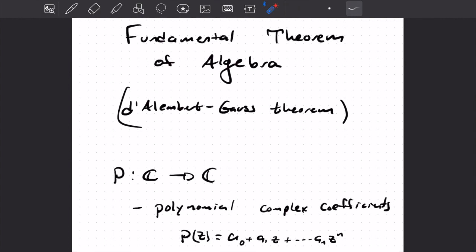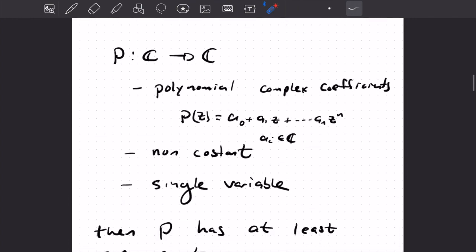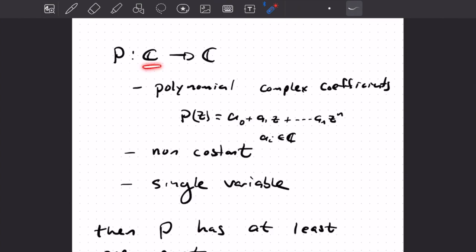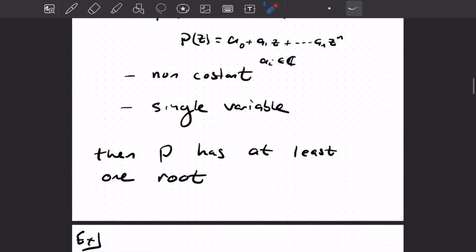Also sometimes named after Gauss, so we call it the Gauss-Bonnet theorem, so I included that. It says if we have a polynomial from the complex plane to the complex plane with complex coefficients, so here's our polynomial, it's non-constant and single variable, then P has at least one root.